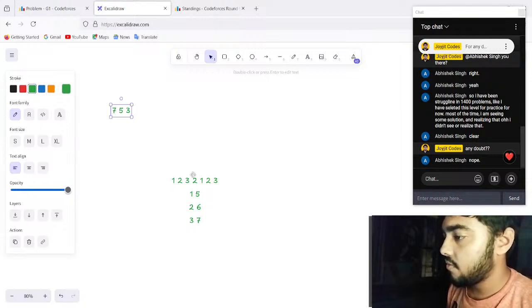For now I'm just separating them. Let me just take the values separately.